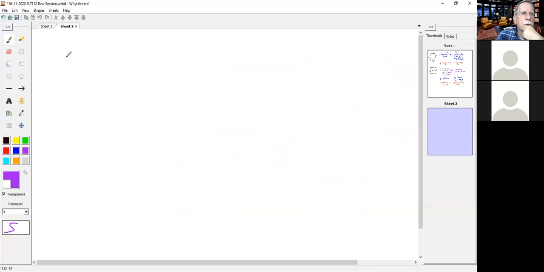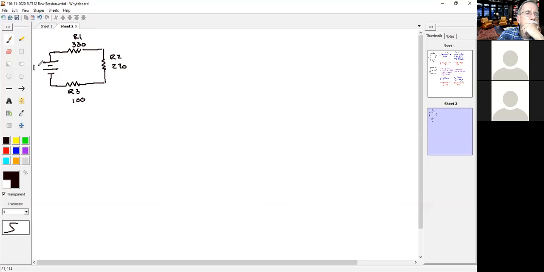So let's do a quick calculation. So if we had, let's say we had that, and this was node A, this was node B, this was node C, and this was our reference node or ground.